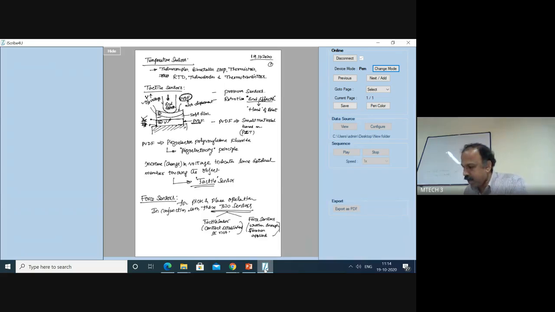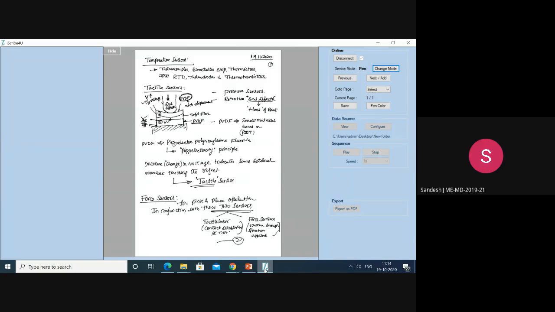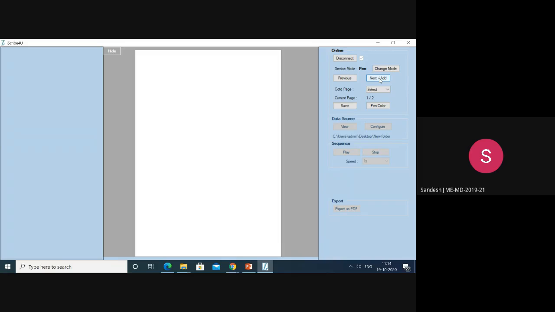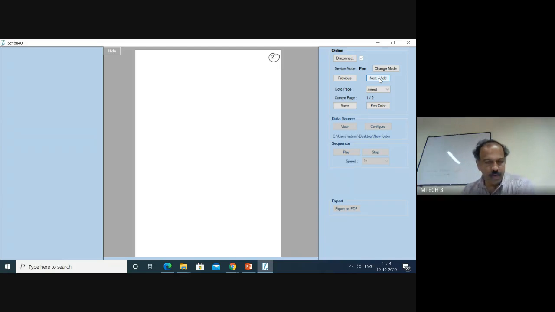Now, what are the force sensors that you have? Any idea about force sensors?